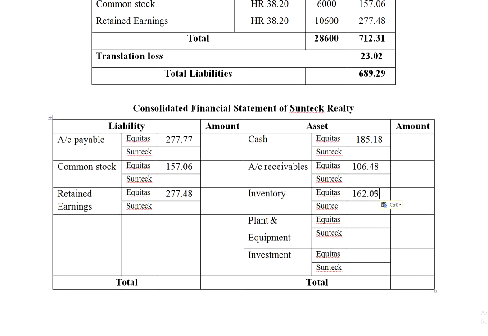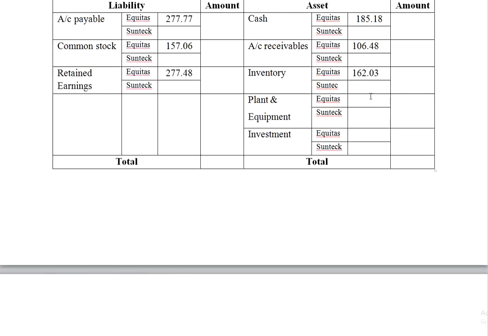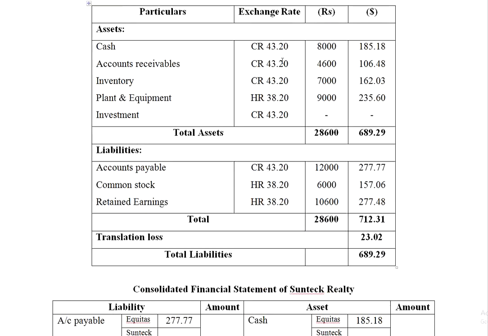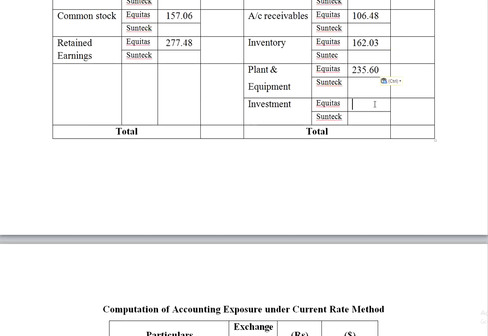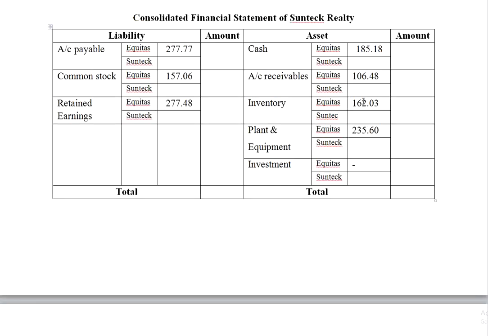Plant and equipment of Equitas is 235.60. So we are filling this 235.60. Investment in Equitas, you don't have anything, so just give a blank mark there, right? So this is what we have filled from Equitas after converting it, right? Just now we have prepared it. Now whatever is left is from Sunteck.